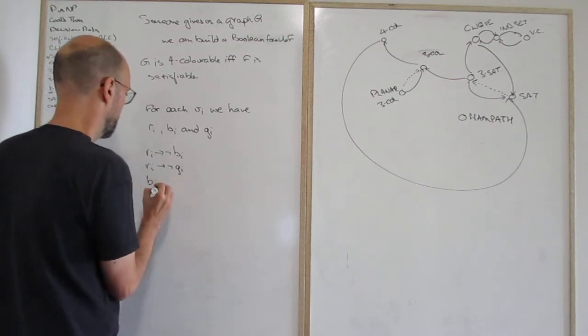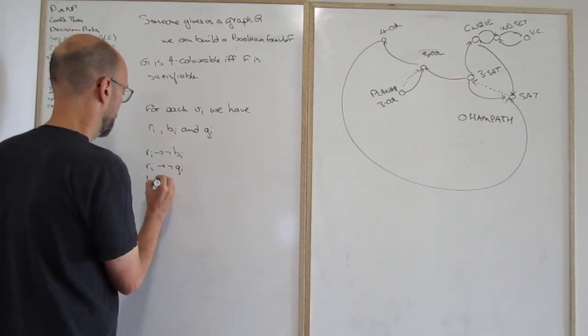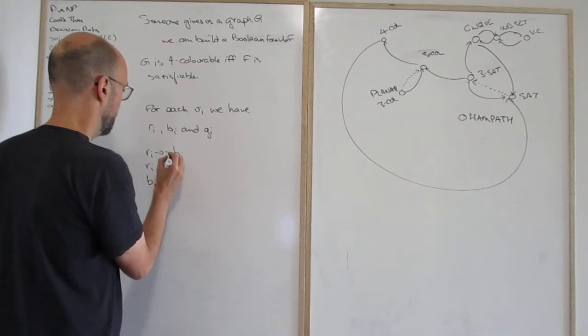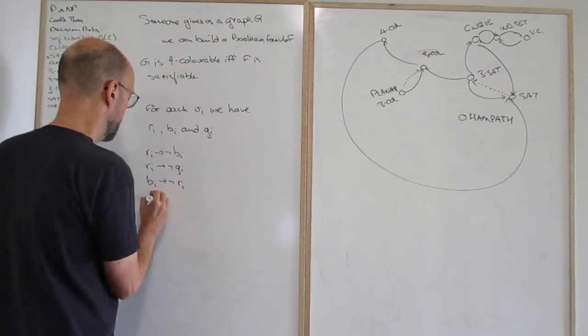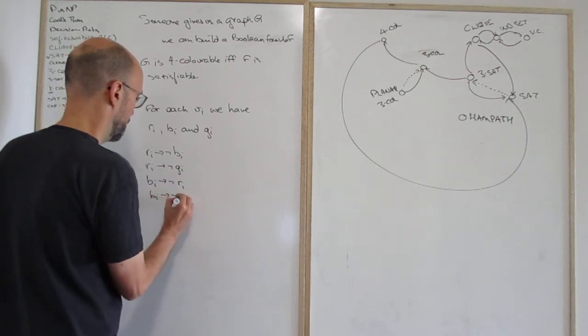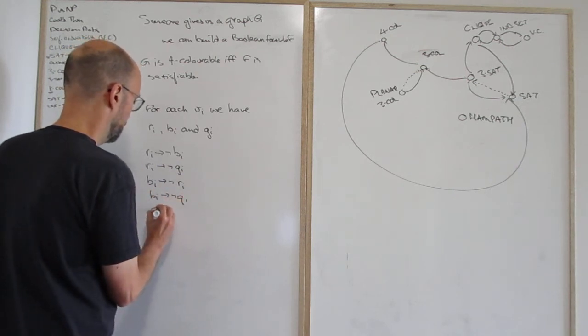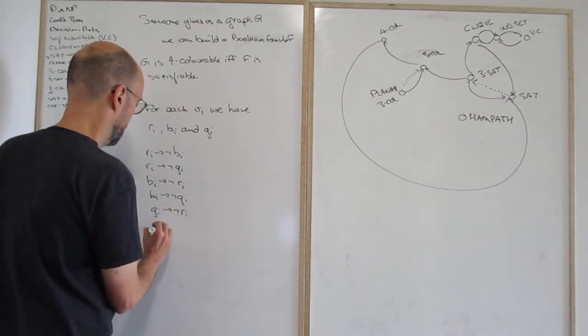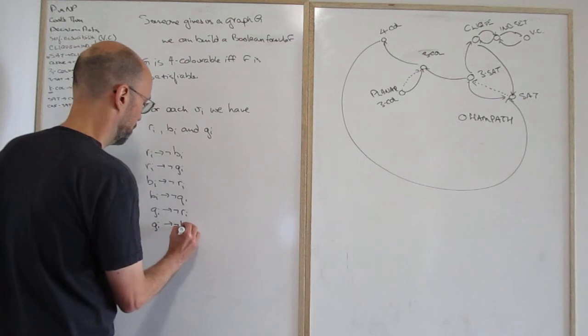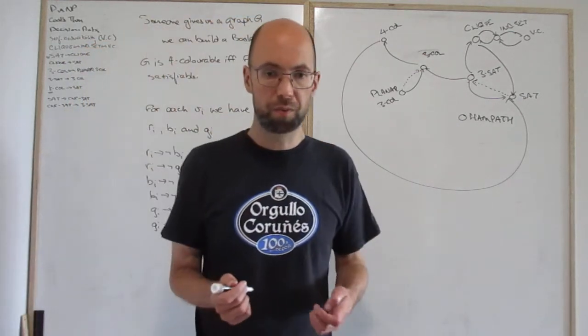Bi implies not Ri, just in case. Bi implies not Gi. Gi implies not Ri. Gi implies not Bi. So it can't be 2 colors at once.